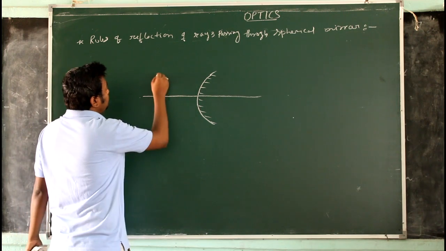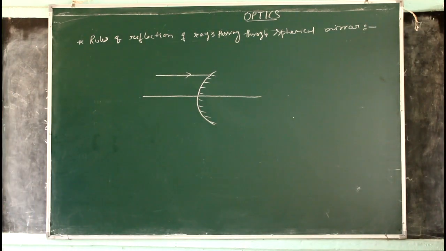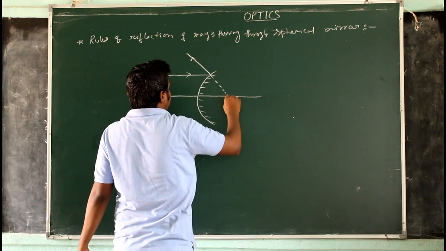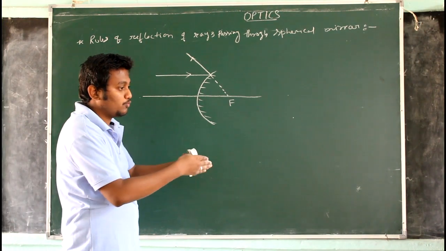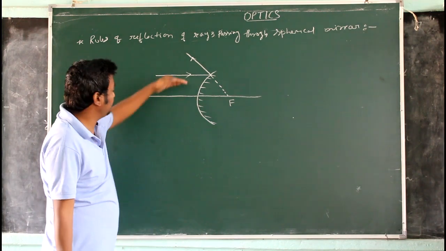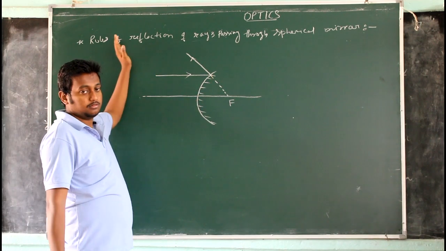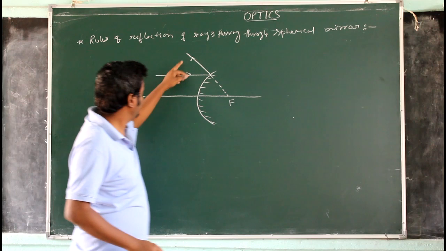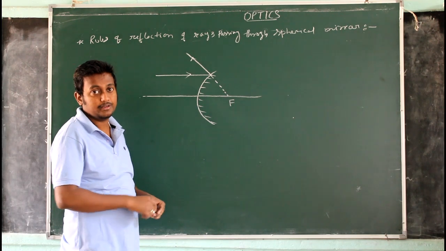Here the ray which is parallel to the principal axis, after reflection will appear to come from the focus. In the case of a concave mirror, the ray after reflection converges to the focus, but in the case of a convex mirror, the ray parallel to the principal axis, after reflection, appears to come from the focus. That means it will diverge. And if you see from here, in our eyes it appears that the ray comes from the back side of the mirror, from a point.